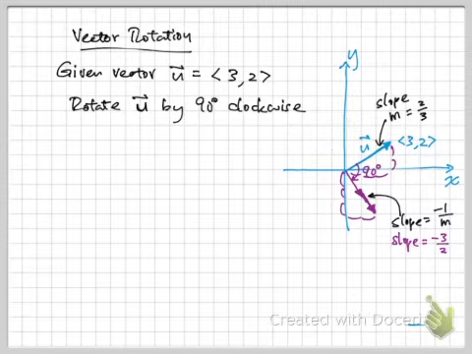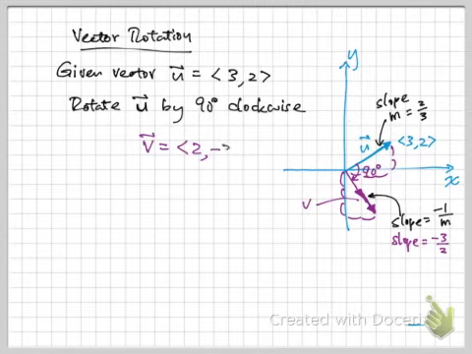So therefore the lengths are the same. So therefore I can conclude that the purple vector is the 90-degree rotated vector of u. So if I call this v, v would then have the components 2, -3. It's 2 units here and minus 3 units in the y direction. So that one is relatively painless.